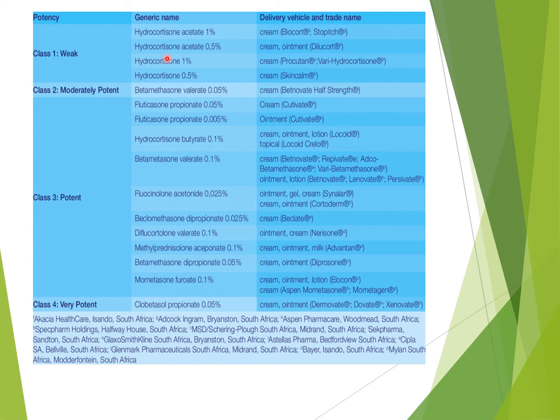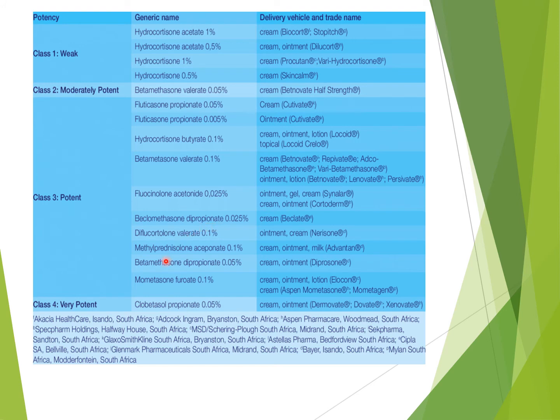Moderate: there are betamethasone valerate, fluticasone propionate, hydrocortisone, and potent fluocinolone, which is used in ointment, gel, cream and ointment also.